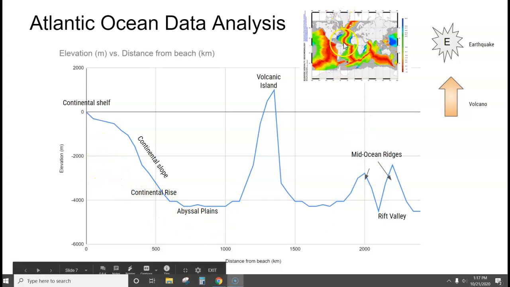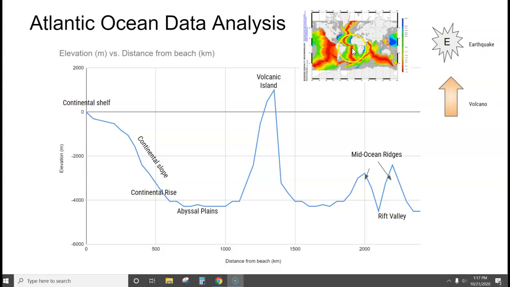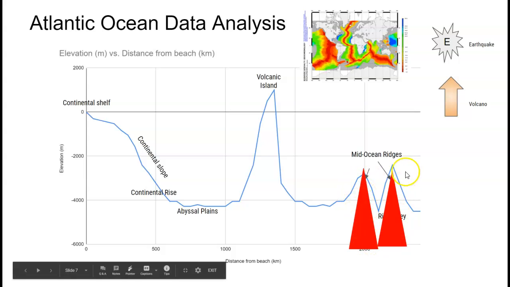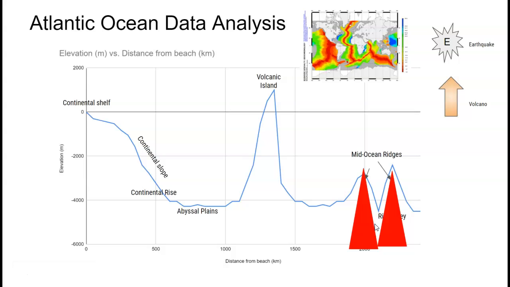And we're kind of using this map as our guide so that we know that in the middle where the Mid-Atlantic Ridge is, that was the youngest seafloor. We're going to color that red, and I apologize, I couldn't figure out how to do that quickly on here, but go ahead and color this area, the mid-ocean ridges and the rift valley. That's red. That symbolizes that this is new crust being created. And you can pause any time to give yourself a chance to color these in.